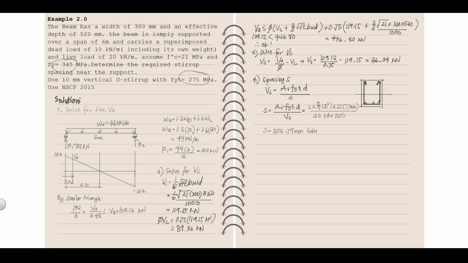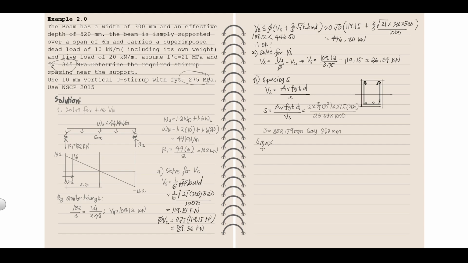Let's say 850 mm. Okay? So the question is, this the answer for example number 2? Pwedeng siya yung answer, but take note, we need to check first sa S-max.